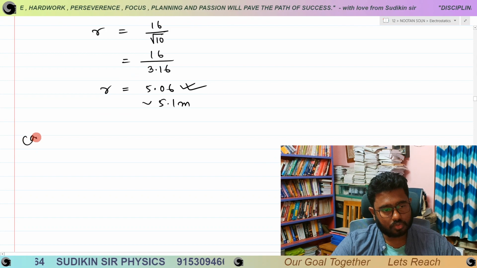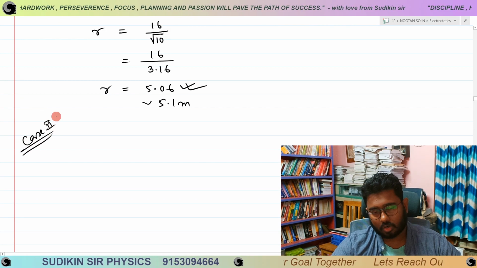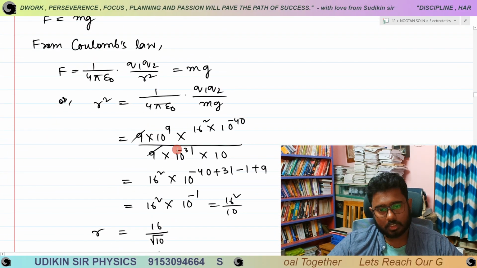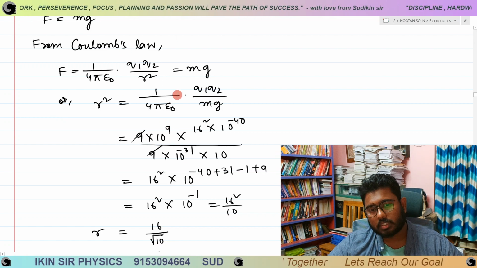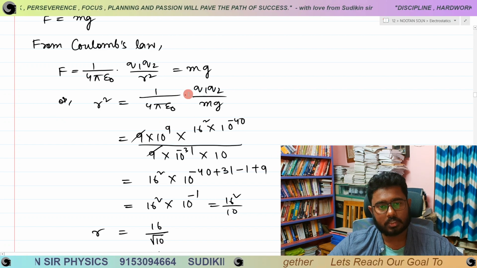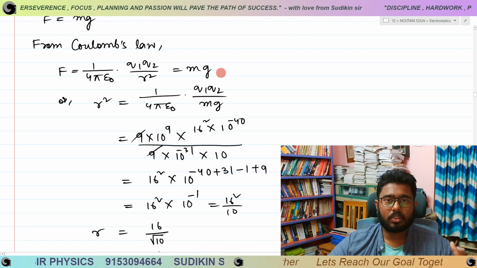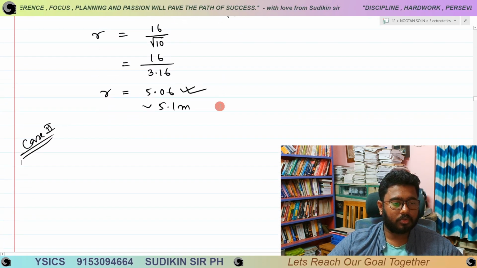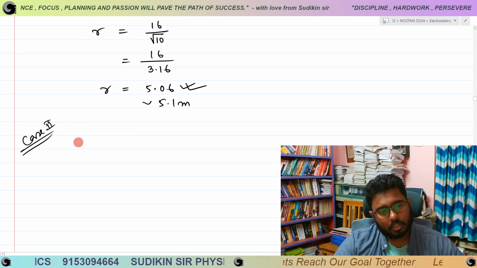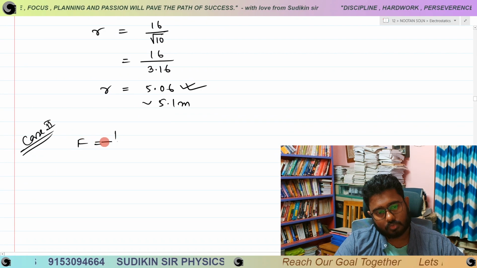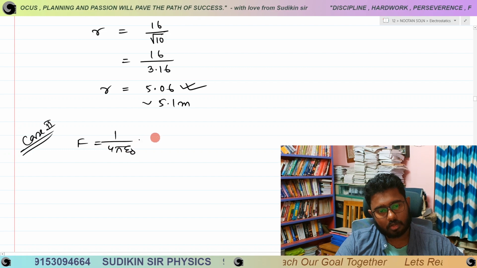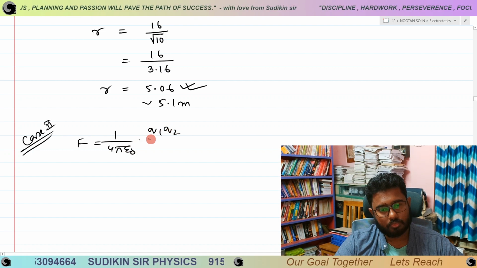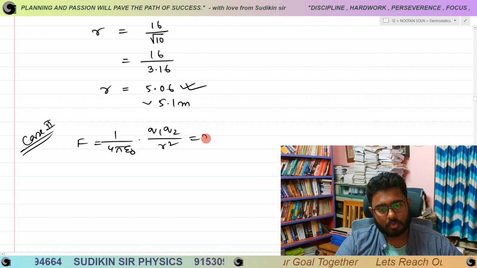Okay, so case 2, we can do it in a shortcut way also. That will be easier, because the cases will be the same, only the mass will be replaced, as the charge of the proton is equal to the charge of the electron. But we will be doing it in the formal way only. So F equals 1 by 4 pi epsilon naught q1 q2 divided by r square equals mg.